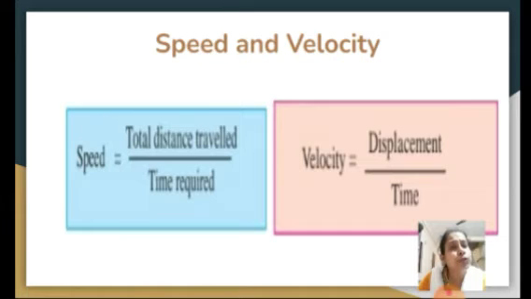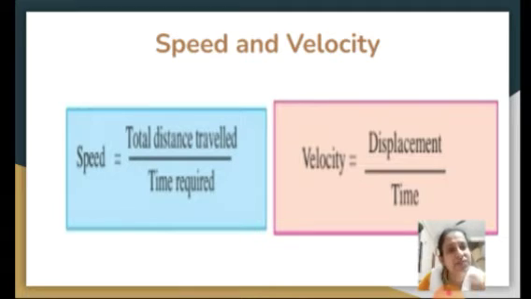Speed is related to the distance. Since speed is related to the distance, that is the length of the actual path, and distance is a scalar quantity, speed also becomes a scalar quantity because it does not have direction, it only has magnitude.